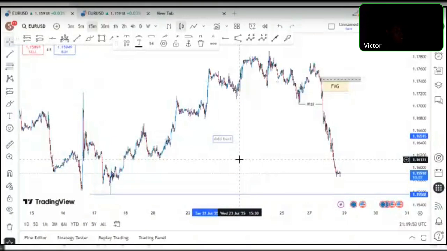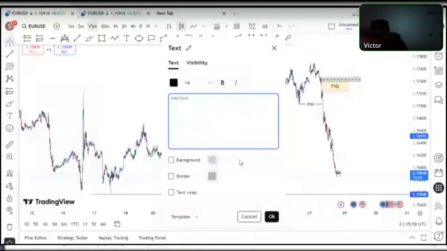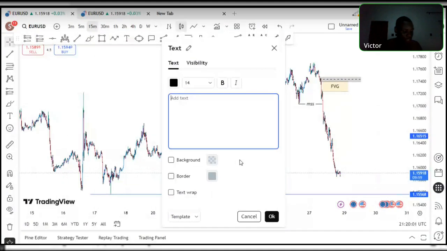I said there are three ways the market delivers price. Now, these three ways can basically be classified in two forms: either a trending market or a ranging market.